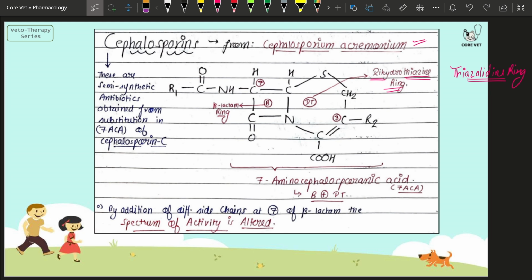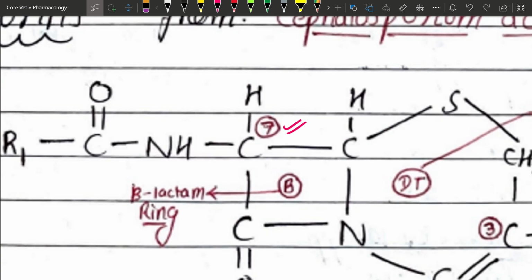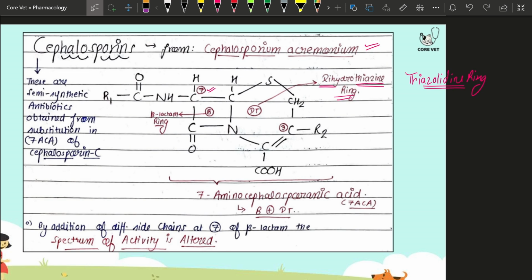The antibacterial activity or the spectrum of the cephalosporin could be altered by making changes at the seventh position in the beta-lactam ring. You should remember this part.